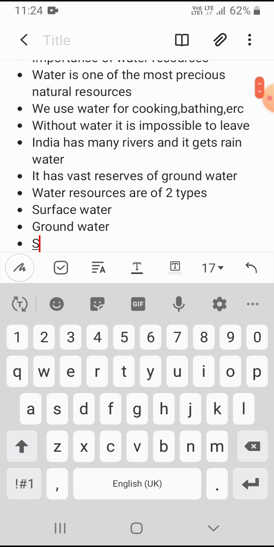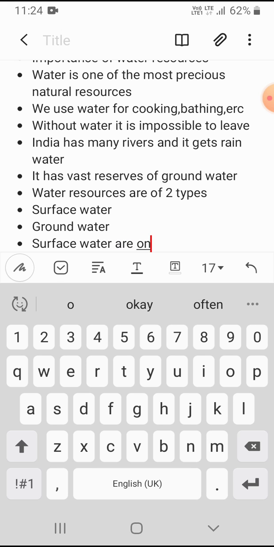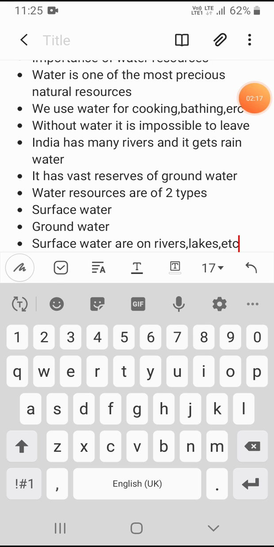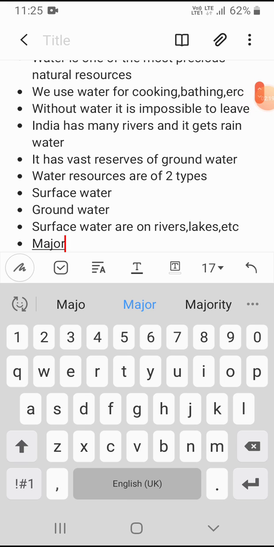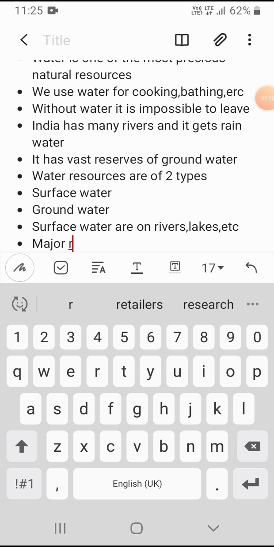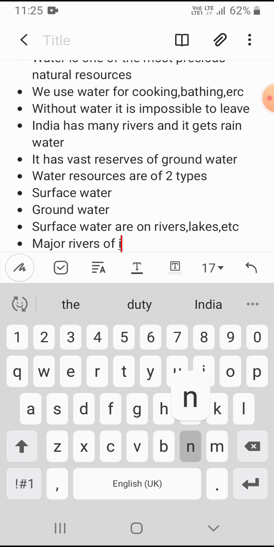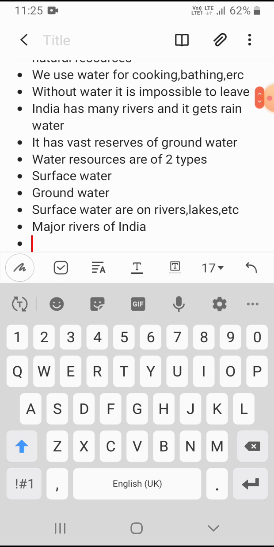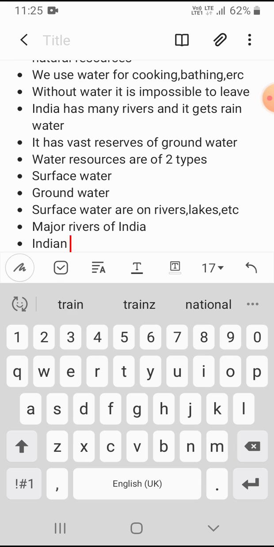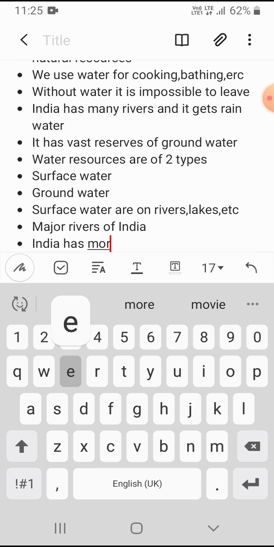First, surface water, or the waters on the surface, are in rivers, lakes, and other sources. Before the major rivers of India, India has a large water system.